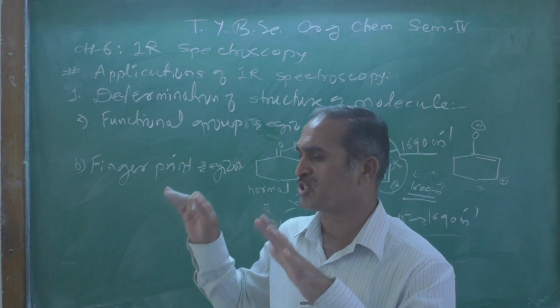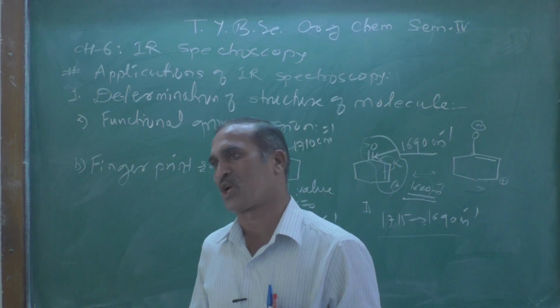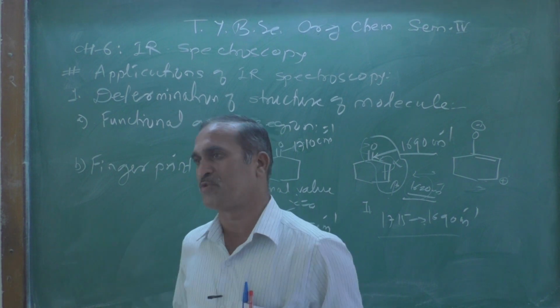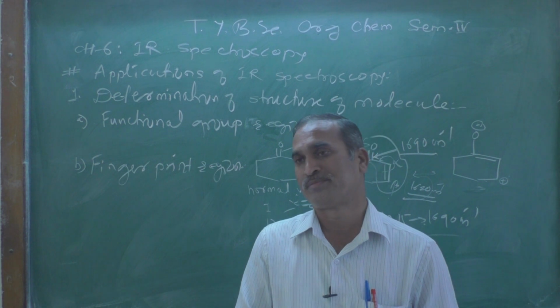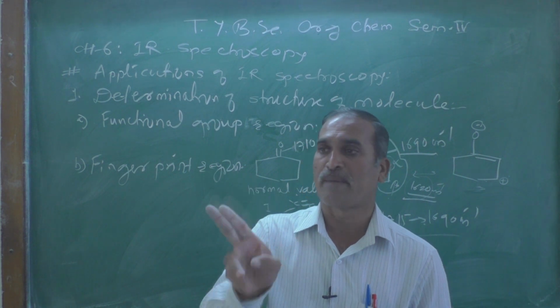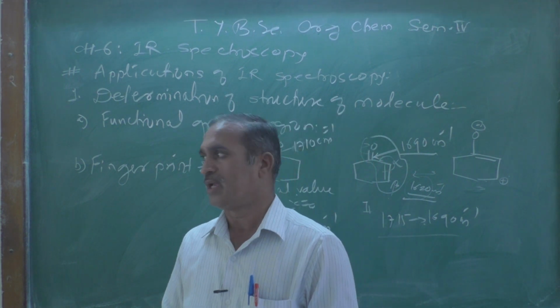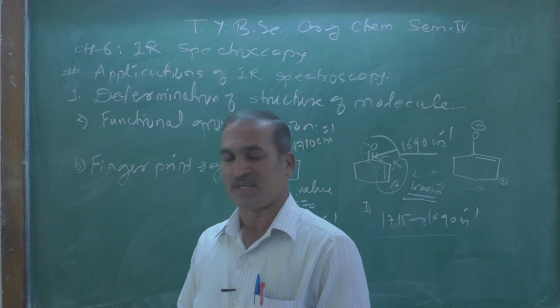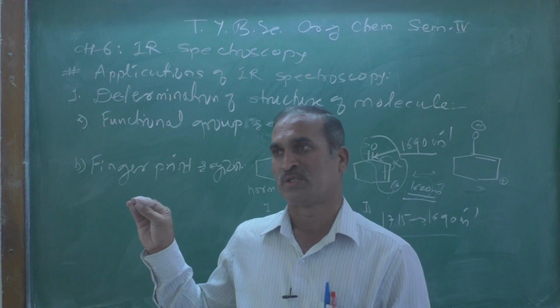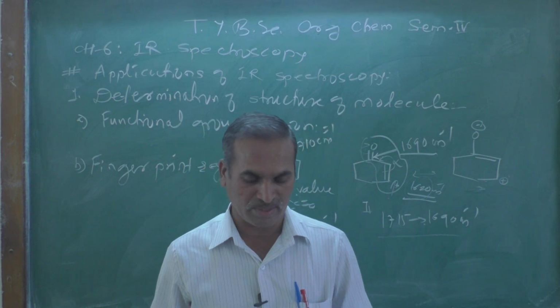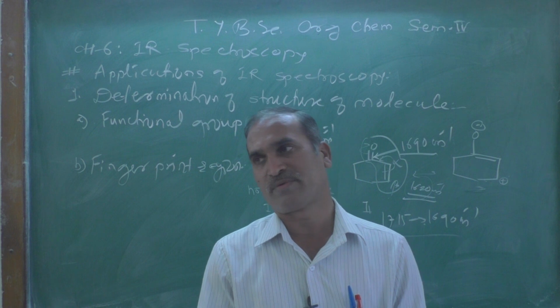It is not much useful from the organic chemist's point of view, but it is helpful for sample comparison. If two samples are identical, then their fingerprints are also identical. That type of conclusion we can draw from this.